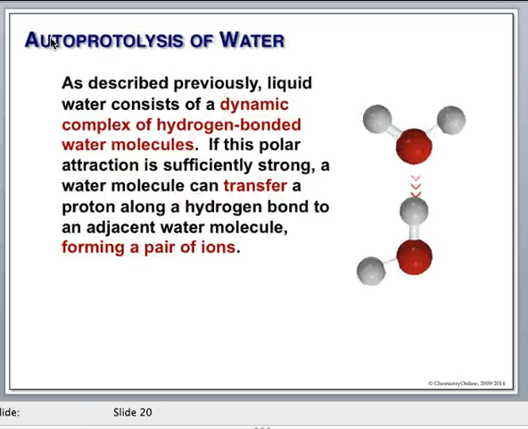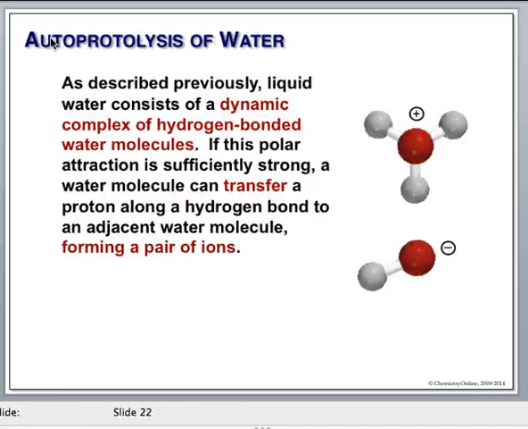What if you came up and just gave it a little bump? Just a little nudge. What would happen? Well, by gosh, the hydrogen is transferred along the hydrogen bond. And when it does that, we form a hydronium ion and a hydroxide.